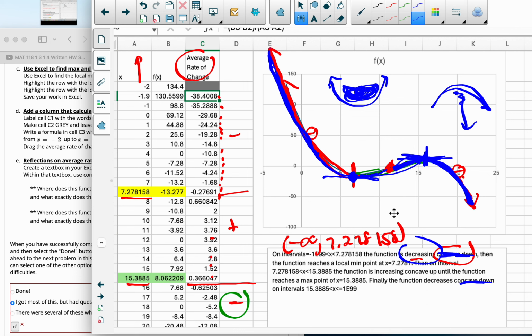We're going to learn more about concavity and how to determine it by an inflection point. But in this case, just go back and review decreasing and increasing, and don't mix up the concavity with the rate of change being increasing or decreasing.